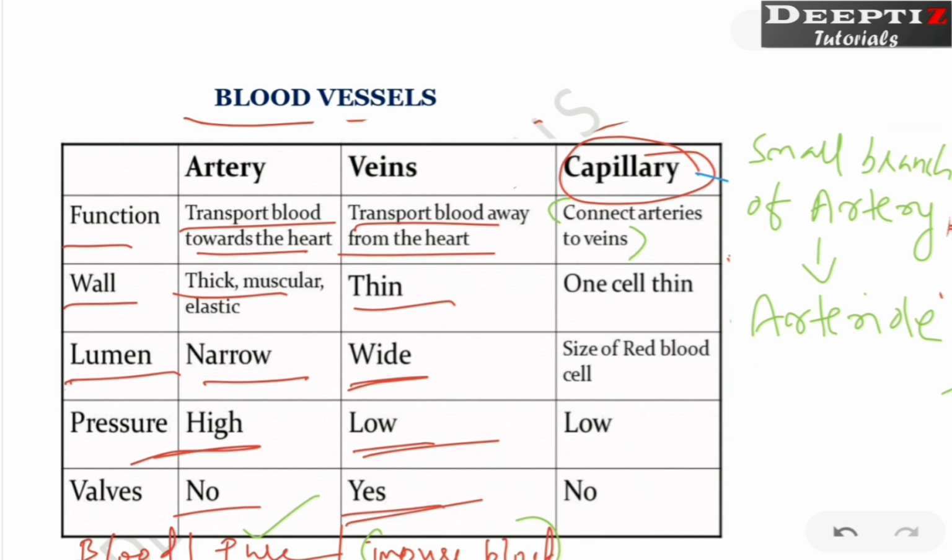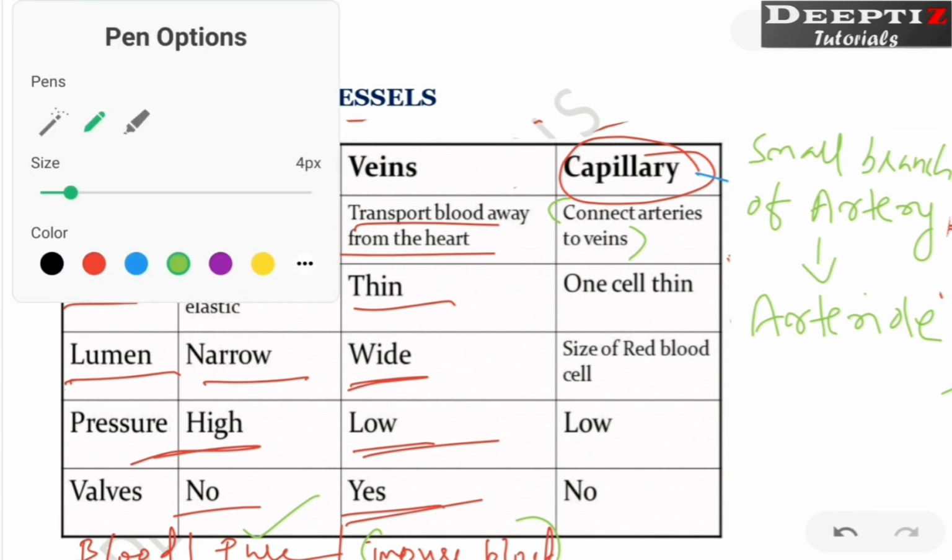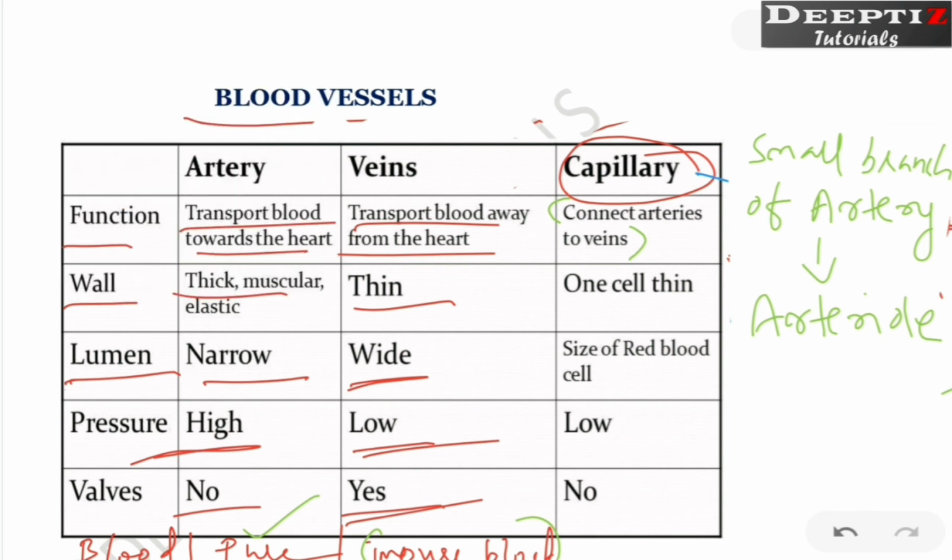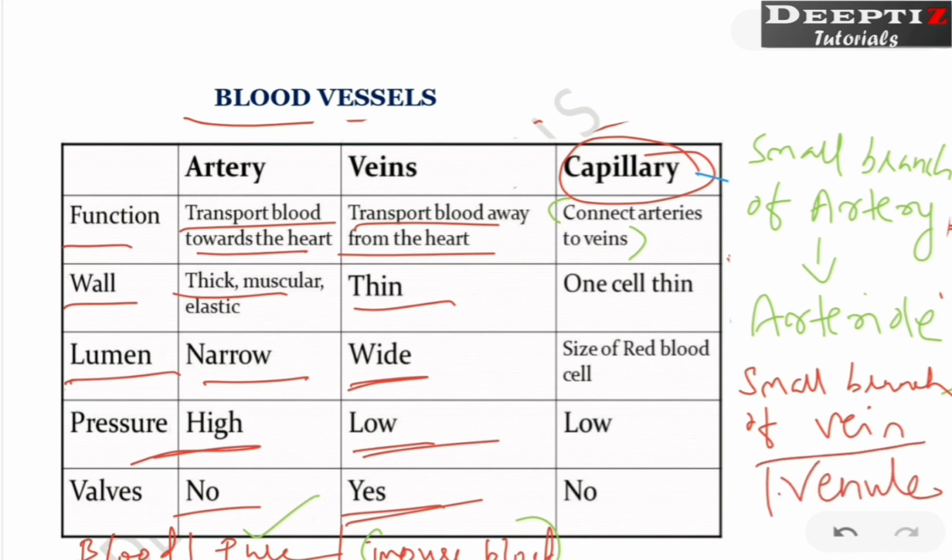Or else simply you can say the capillary which is connected to the artery, we call it an arteriole. Now, the small branch of a vein, we call it a venule. So remember these two terms, venule and arteriole.